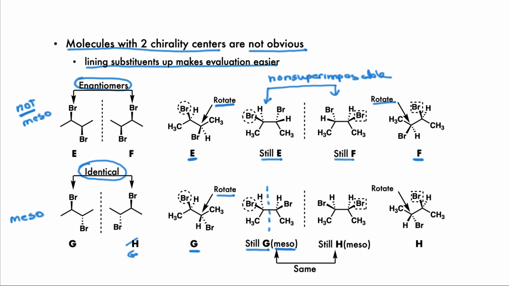So G must be meso. If we take H and rotate the left-hand carbon, we get this representation, which is still H. You can see it's the same as G. You should be careful in trying to evaluate 3D bond line structures for stereochemical relationships.